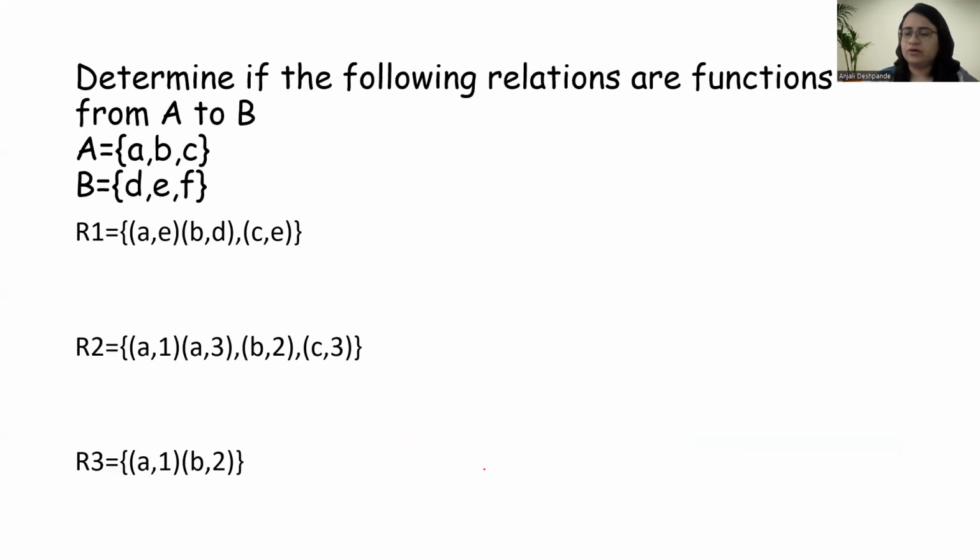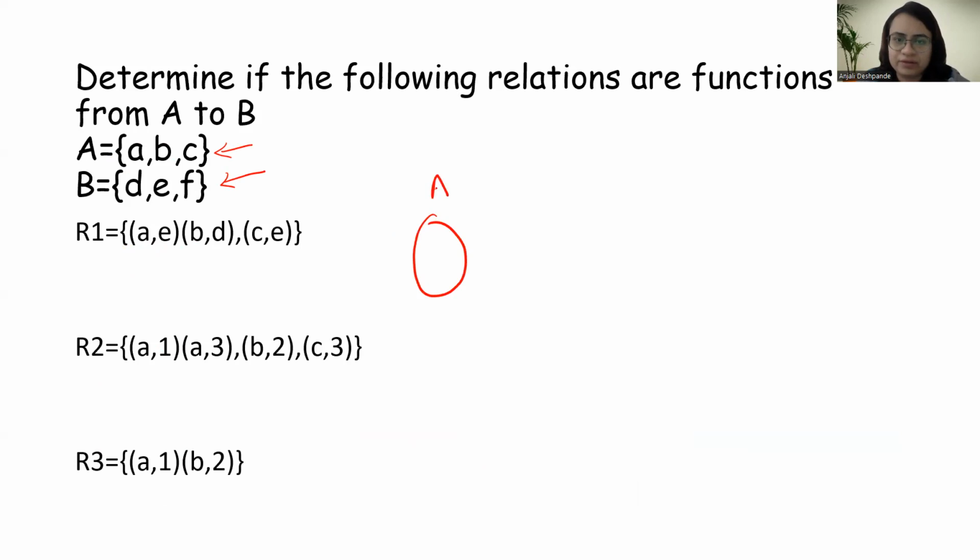In order to understand clearly how we can determine if a given relation is a function, consider this example. You have to determine if the given relations R1, R2, R3 are functions from A to B. So I have been given set A, set B, and you have to determine if R1, R2, R3 are functions. So let us consider R1.